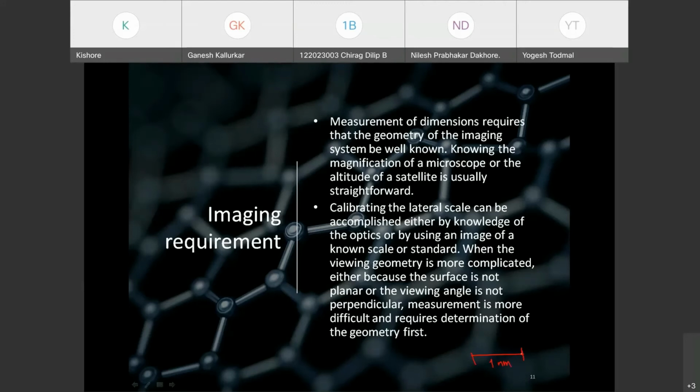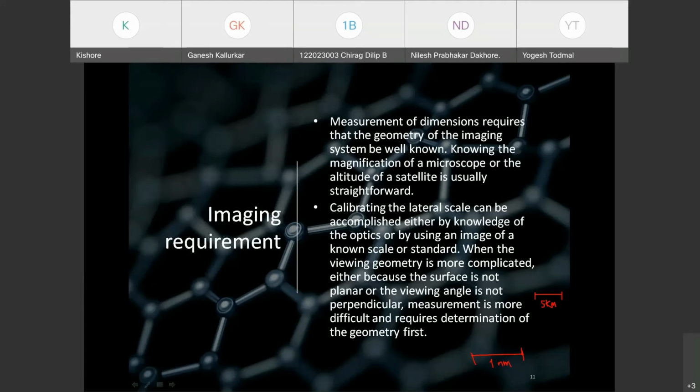Or you must have seen it in maps as well. In maps they also mention such a scale, where it says this distance is approximately equivalent to, let's say, 5 kilometers. So these scales are important, and if you know the microscope you're using, or the altitude of the satellite, it is easy to do these calculations. But in some instances it is not straightforward.